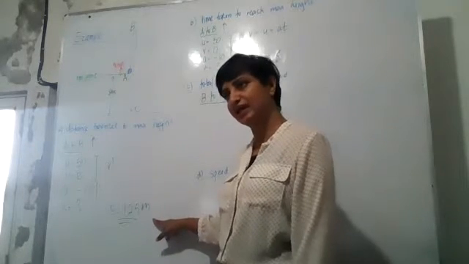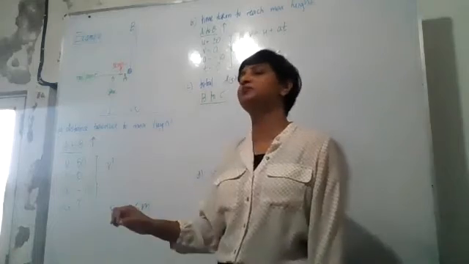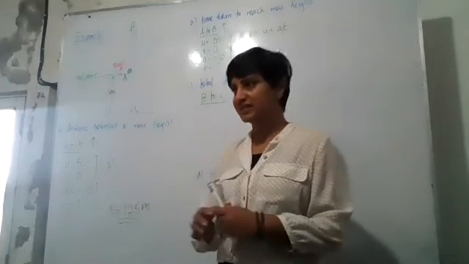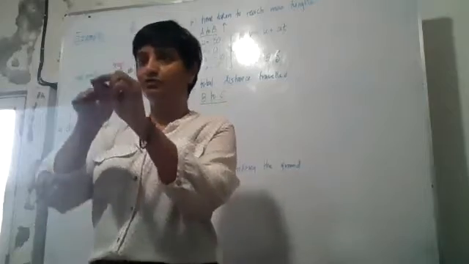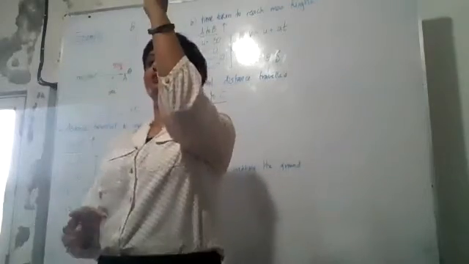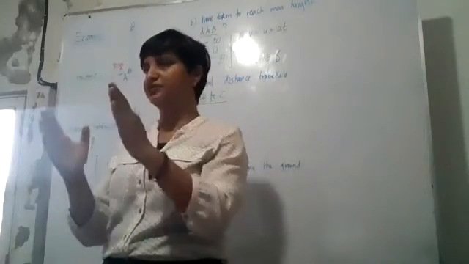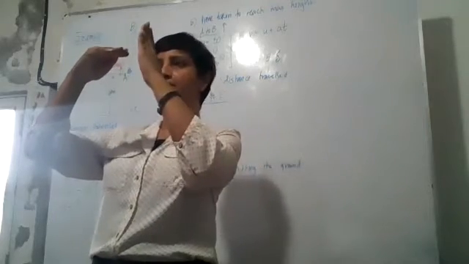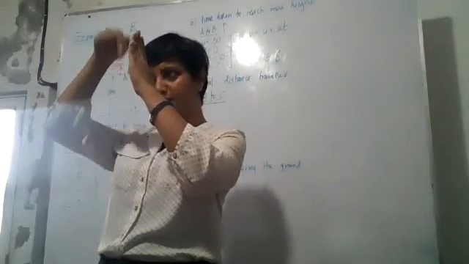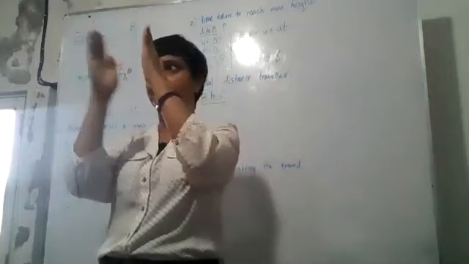After finding this, actually, this is true for any motion under gravity. Because as I said last week, motion under gravity is symmetric. The upward motion and the downward motion are symmetric. What that means is that at any level, the going up speed and the coming down speed are the same if you compare them.